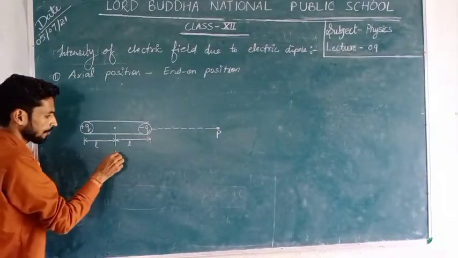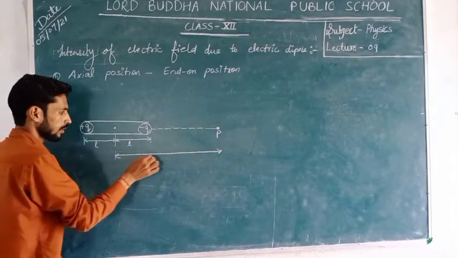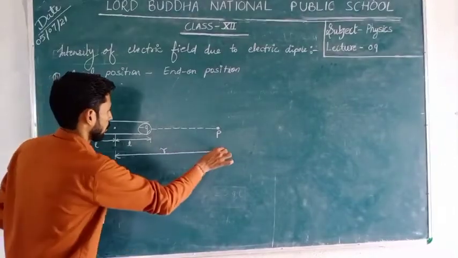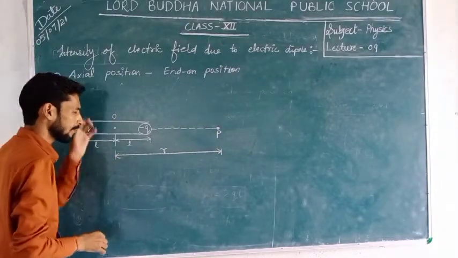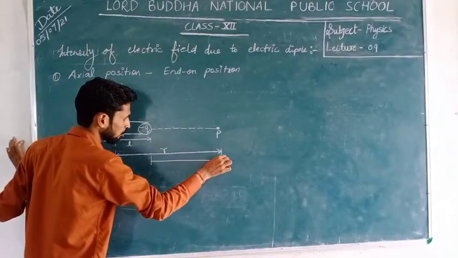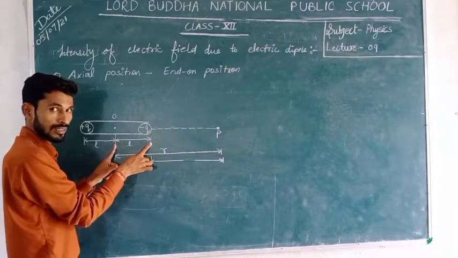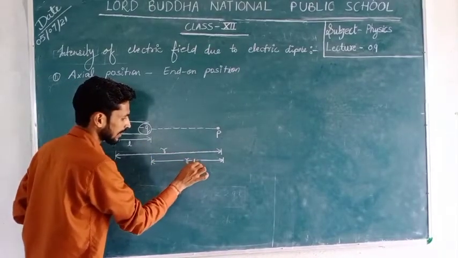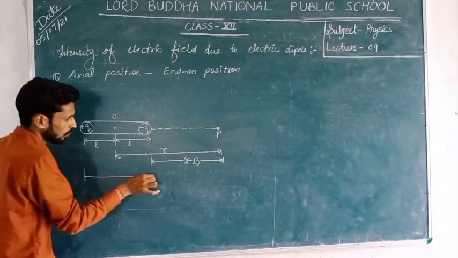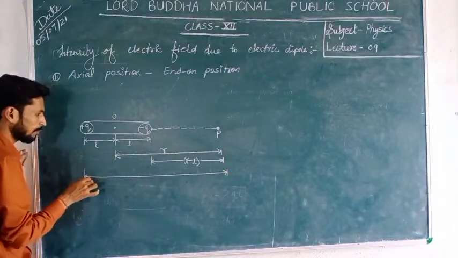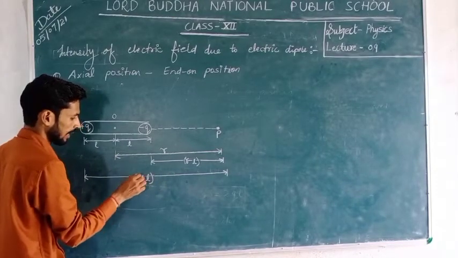Let the distance from the point P to the midpoint O of this system be R. Then the distance between minus Q charge and the point P will be R minus L, and the distance from the charge plus Q to the point P will be R plus L.